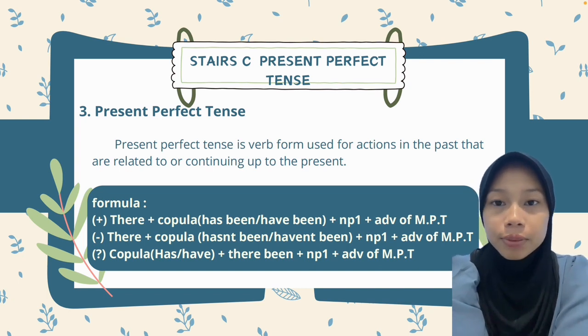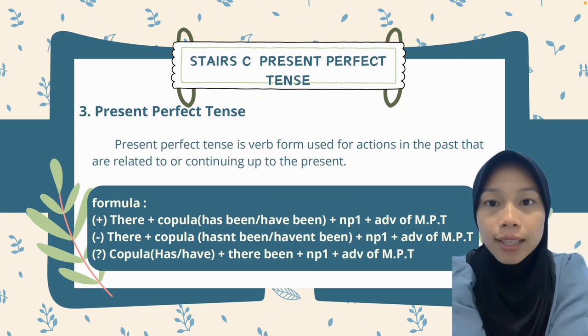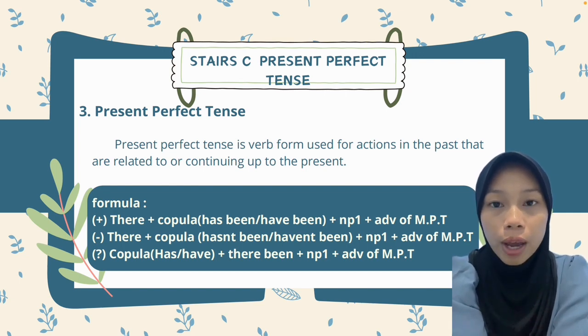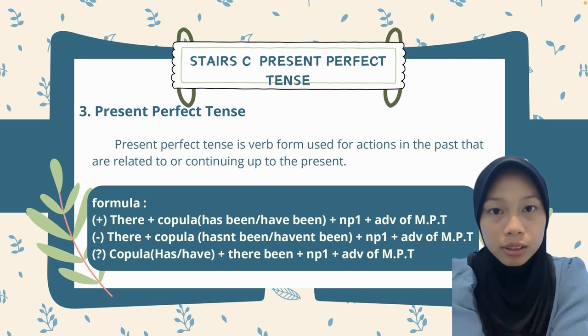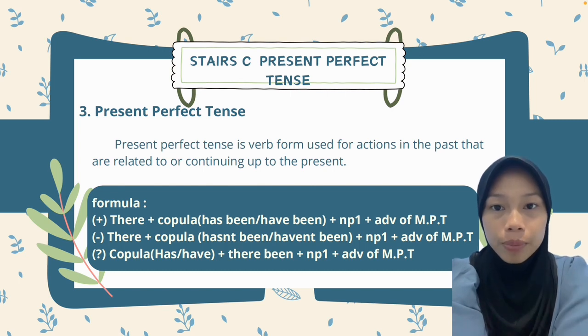For the negative sentence, there plus copula, hasn't been or haven't been, plus NP1 and adverb of NPT. For the interrogative sentence, copula first, has or have, plus there been, plus NP1 and adverb of NPT.